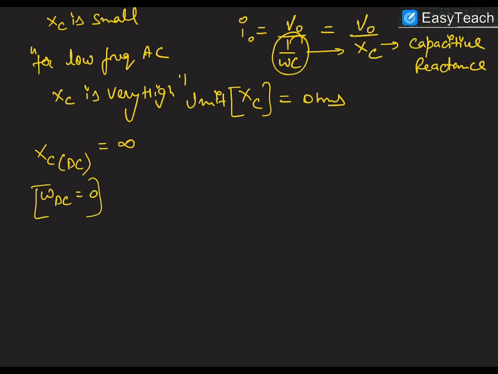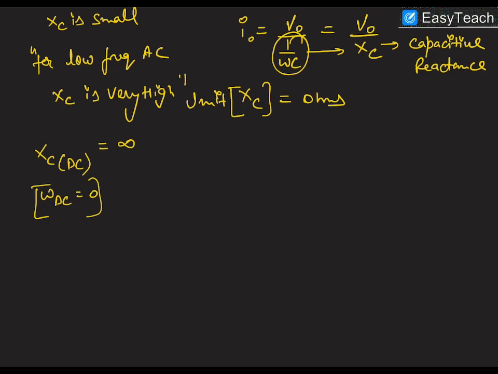This is already a proven result in the previous RC circuit, in which we studied that capacitance offers infinite resistance to the DC current in its steady state. And obviously, we always consider the circuit to be in the steady state in DC.